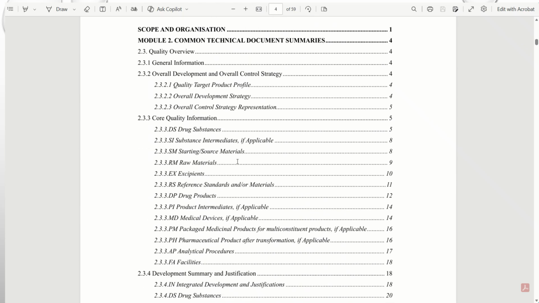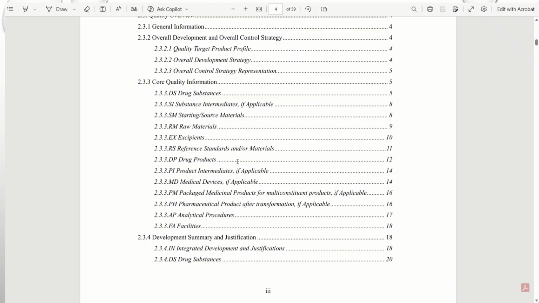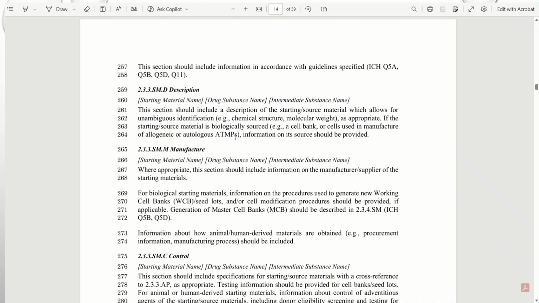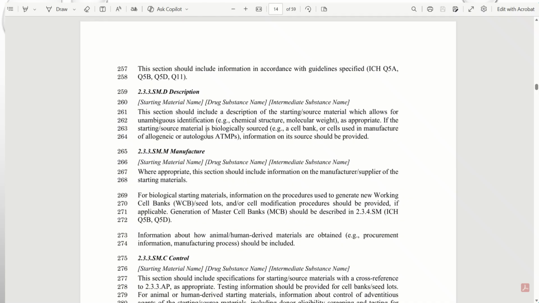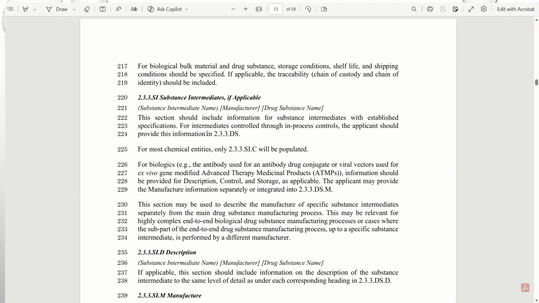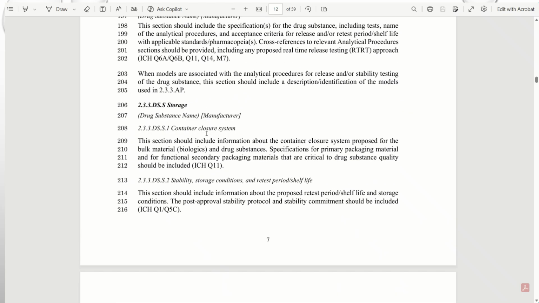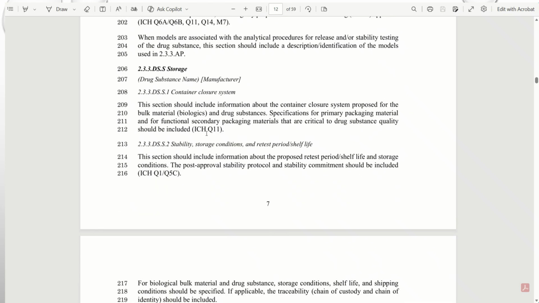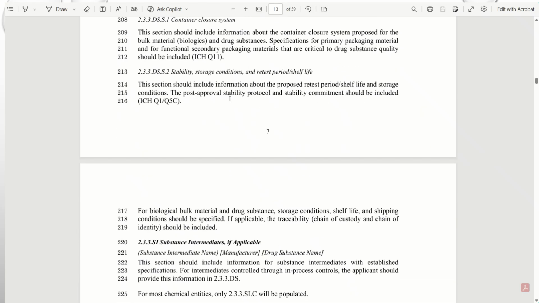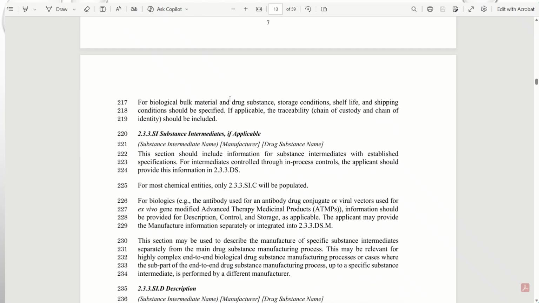So if we go to page 14. Let's just move up. So under the drug substance section, we have this substance intermediate.